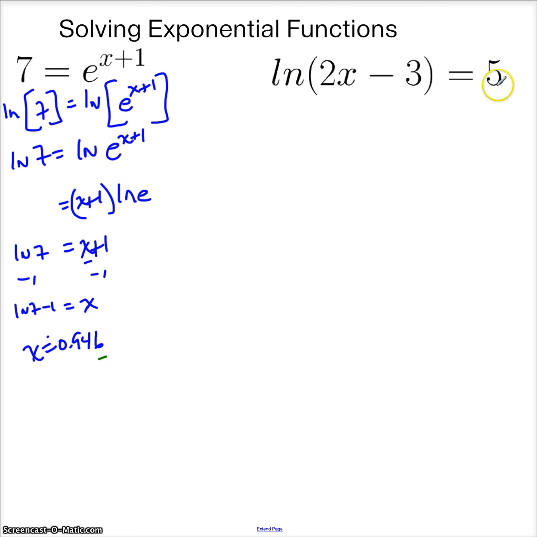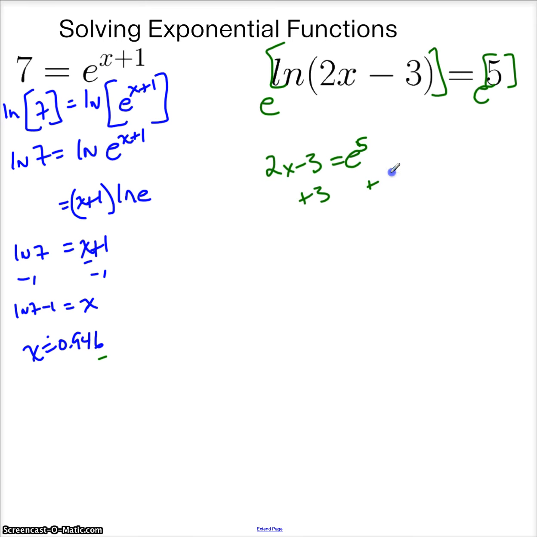So what do you do here when you have the natural log of 2x minus 3 is equal to 5? Well, the inverse of e to the exponent is log, and the inverse of log is e. So I'm going to show you a little trick. I always tell my students to raise both sides to the e. So e to the log is just 2x minus 3, which is equal to e to the 5th.